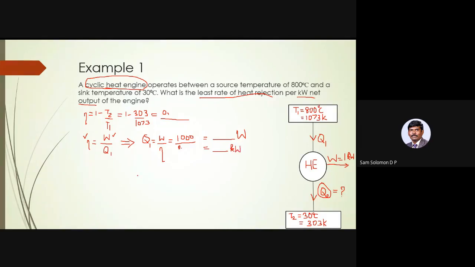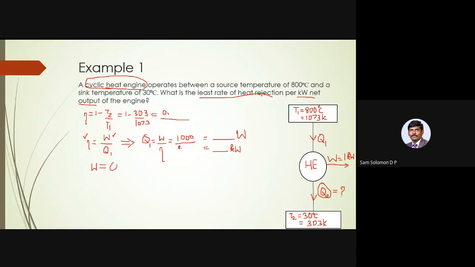Once you have estimated the value of Q1, they are asking us to find Q2. We know this heat supplied has been converted to work and heat rejection. So Q1 is equal to W plus Q2. We saw that yesterday. So W can be written as Q1 minus Q2.